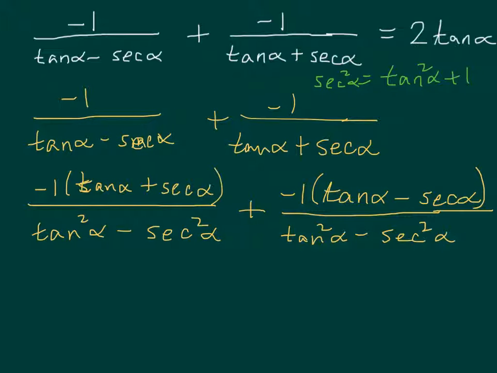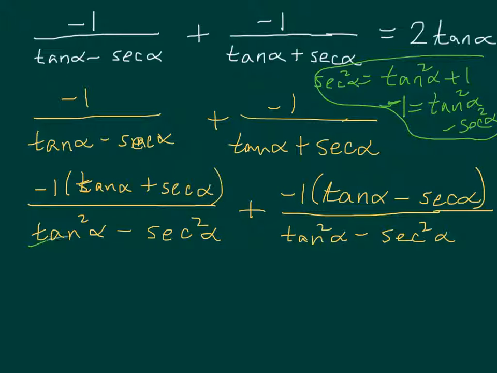So figure out what tangent squared alpha minus secant squared alpha would be equal to. Well, if we subtract secant squared alpha from both sides here, then subtract 1 from both sides, wouldn't we get -1 equals tangent squared alpha minus secant squared alpha? So this is just scratch work up here kind of in the corner.